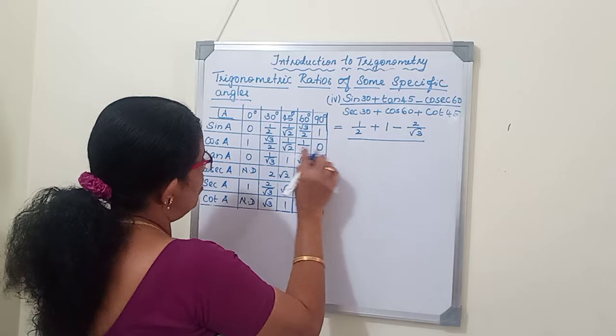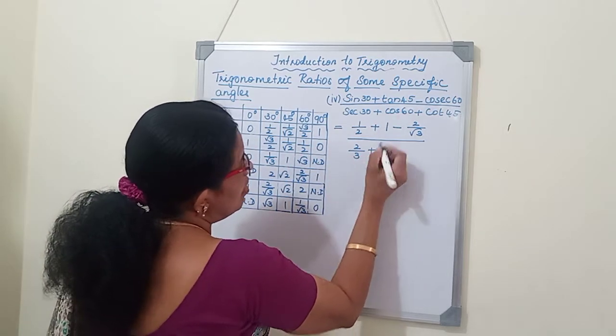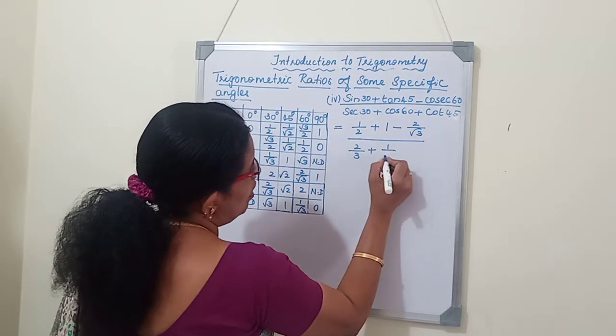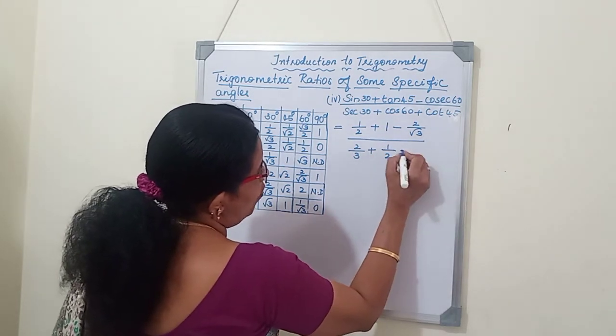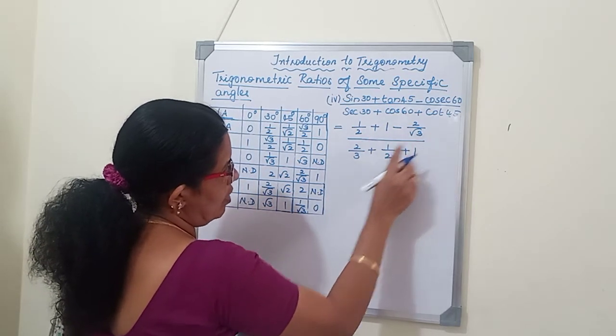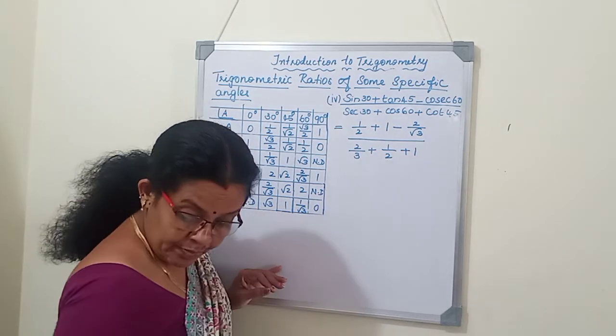Cos 30 is root 3 by 2, so sec 30 is 2 by root 3. Cos 60 is 1 by 2 and cot 45 is 1. So here 1 by 2 plus 1 minus 2 by root 3 by 2 by root 3 plus 1 by 2 plus 1.